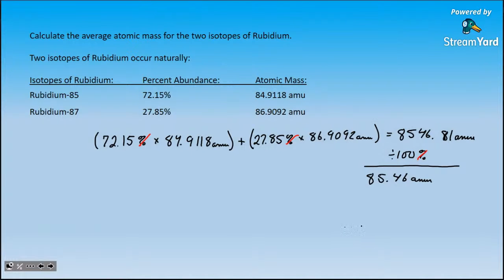And just like before, this is where we get the mass that's on the periodic table, 85.468. So again, you notice, as I was mentioning before, the more accurate a measurement, the more accurate your final answer is going to be. And in most cases, they do round to 2 decimal places. But again, many periodic tables go to at least 3.